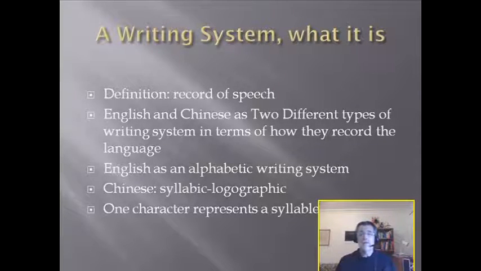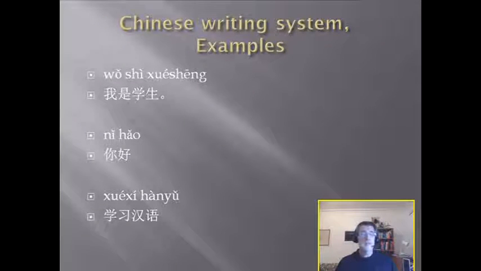English is alphabetic, based on an alphabet system of recording sound. It's a phonetic system, whereas Chinese characters are called syllabic logographic. We'll explain a little bit more about that as we go along, but essentially, it means that one character represents one syllable, and we've talked about that in lectures before.